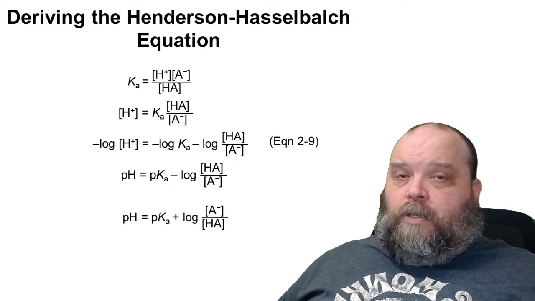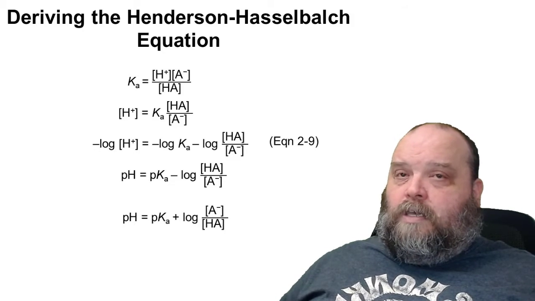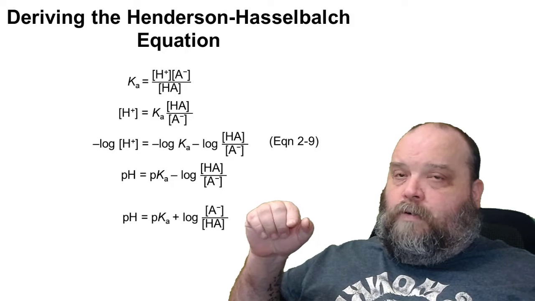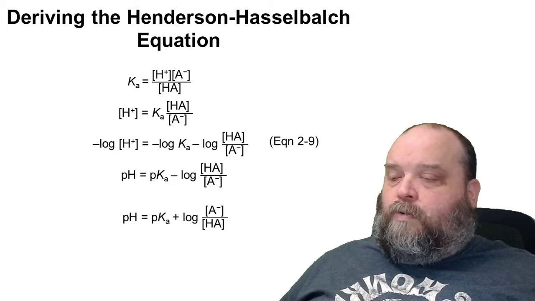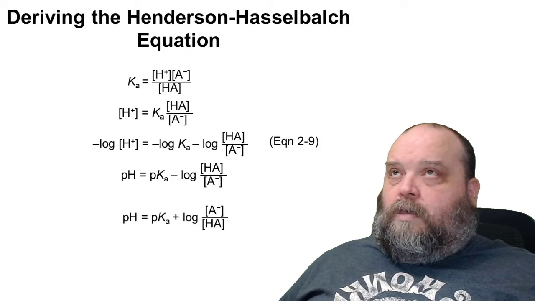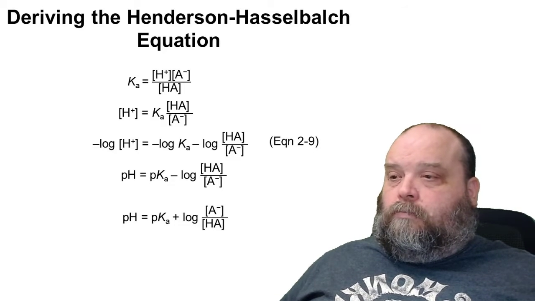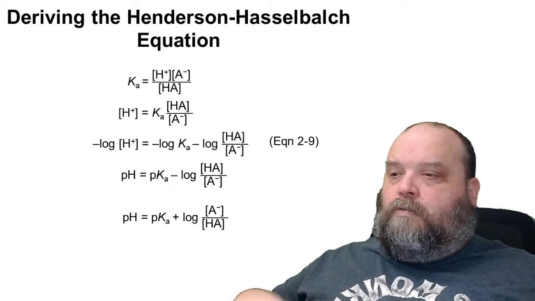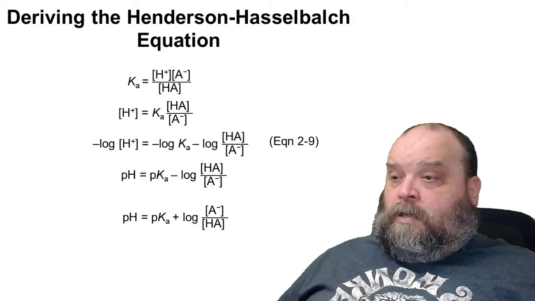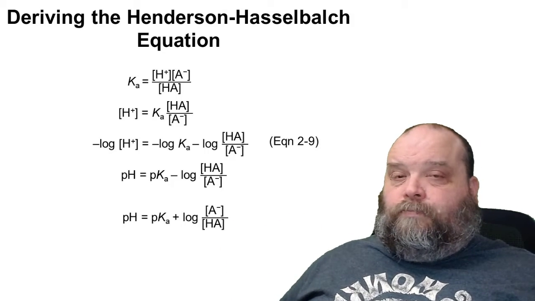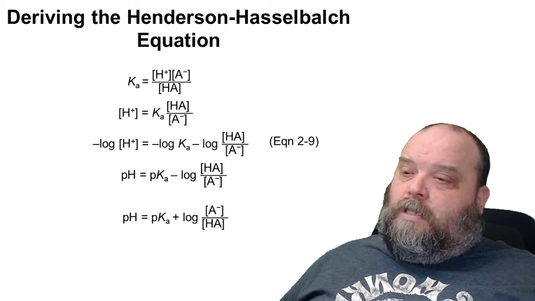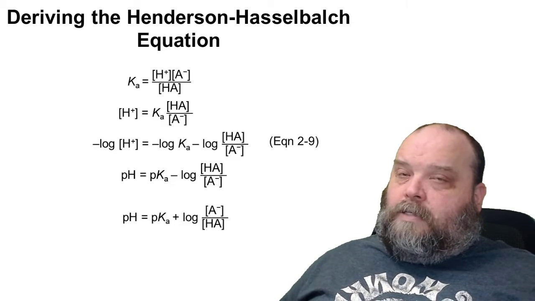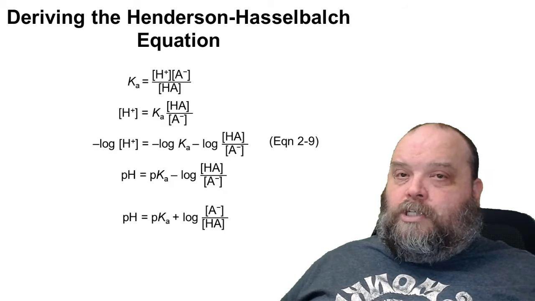You can go through and you can prove this. Ka is the concentration of H times A over HA. You go through, do the algebra, move things back and forth, multiply both sides by the inverse of the concentration of hydrogen, or I'm sorry, the inverse of A over HA.